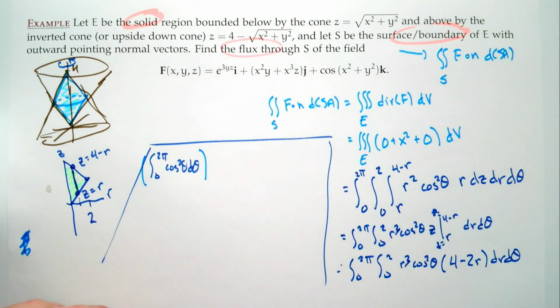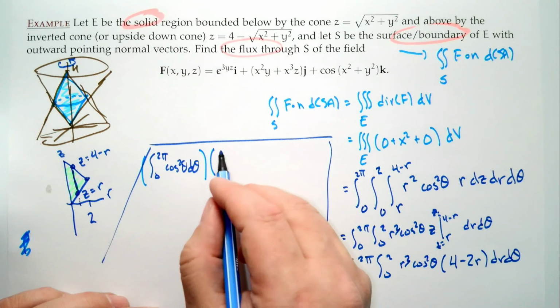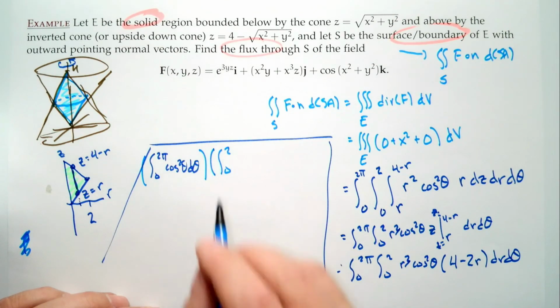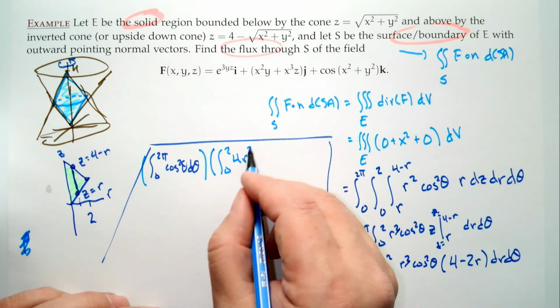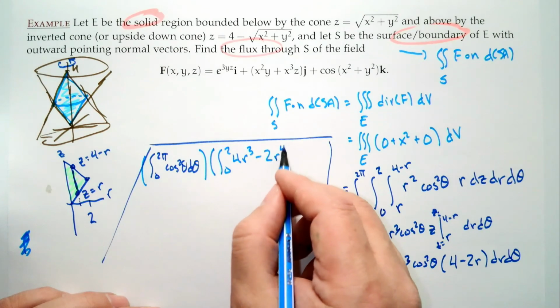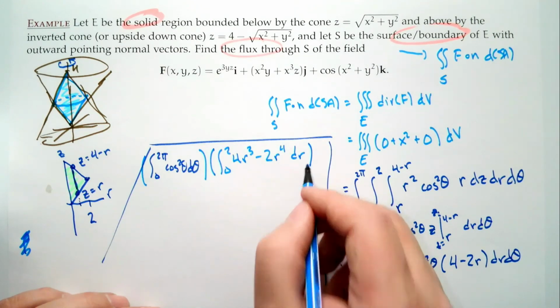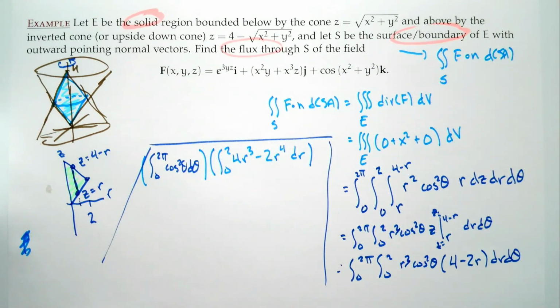The other part with the r cubed there, you multiply it through, then we're going to get the integral from 0 to 2 of 4r cubed minus 2r to the 4th dr. How do you integrate cosine squared? Power reduction.